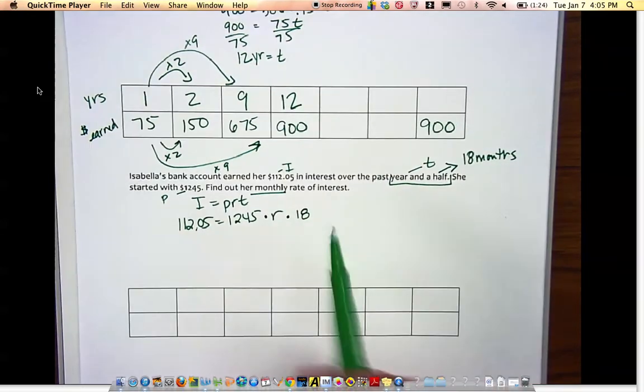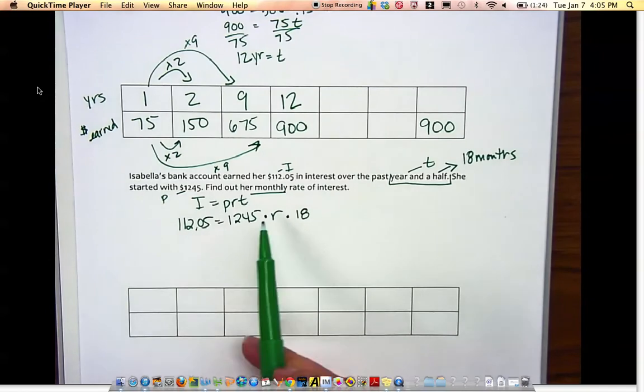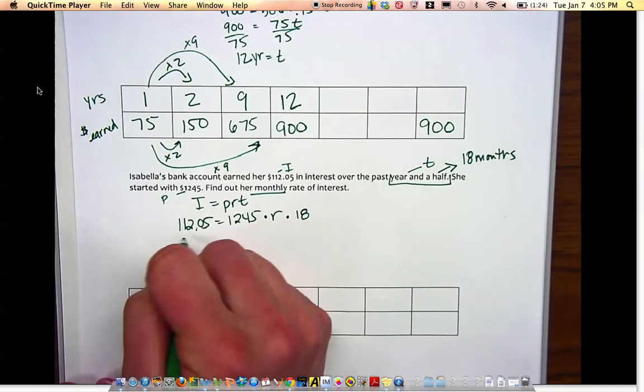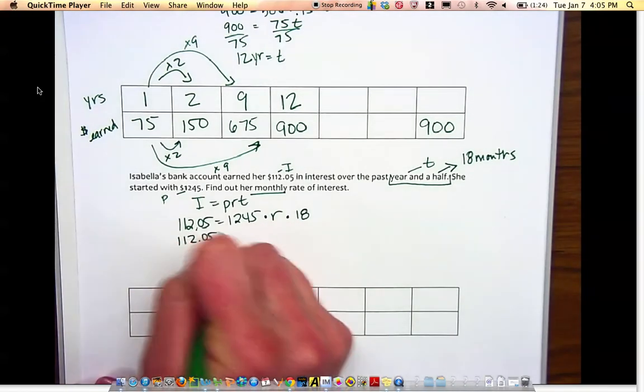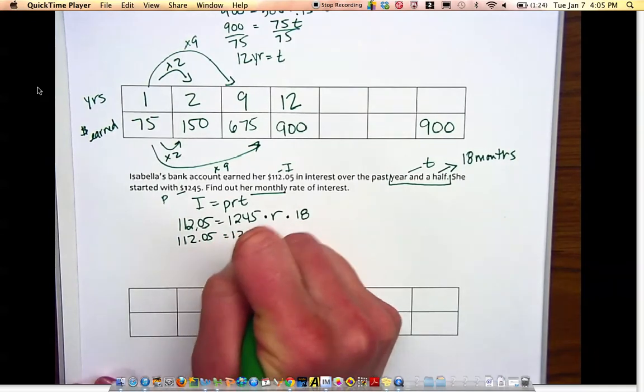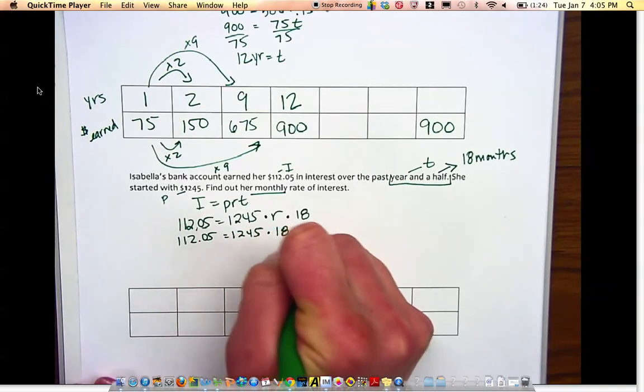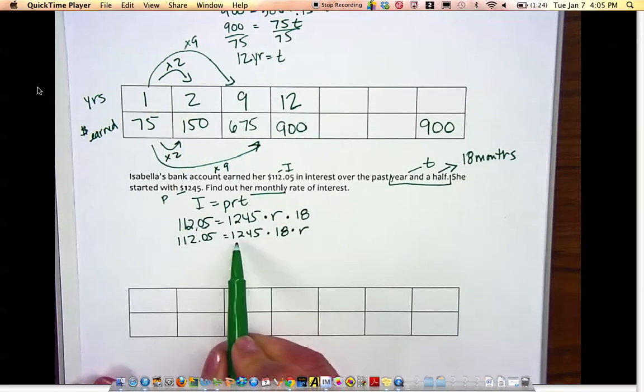Since this is multiplication, I know that I can rearrange these numbers. So I'm going to rewrite this as $112.05 equals 1,245 times 18 times R. I'm going to multiply these two.